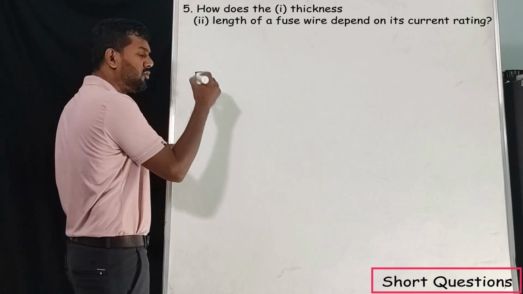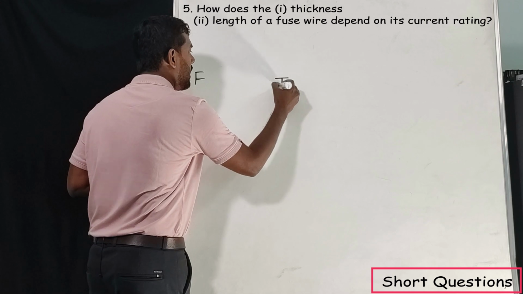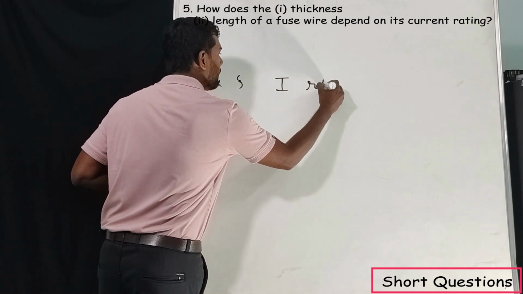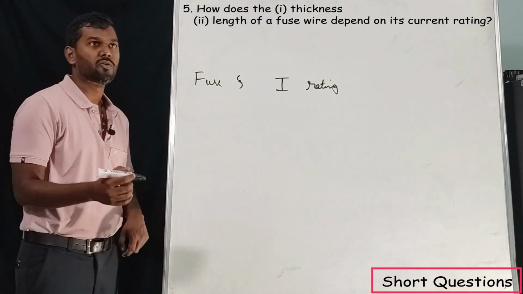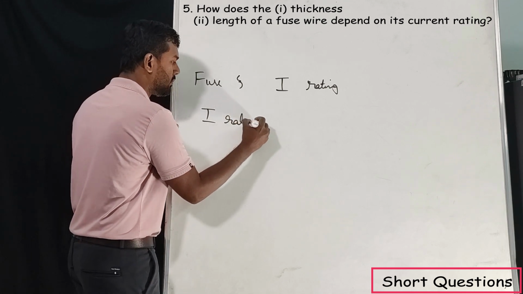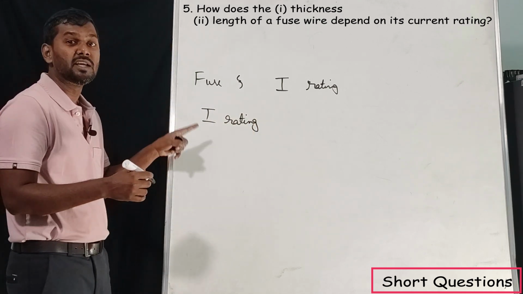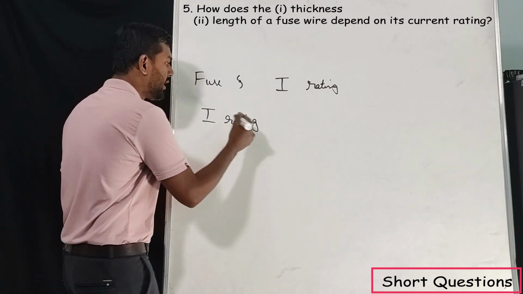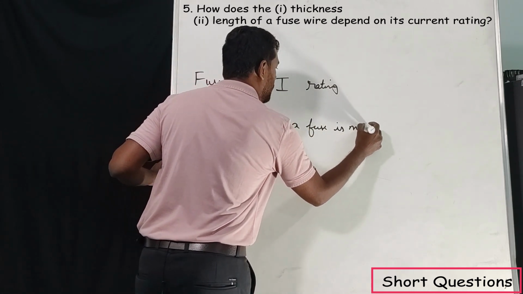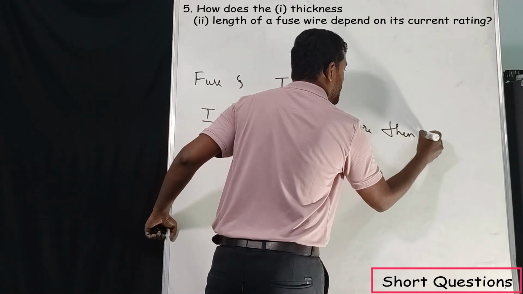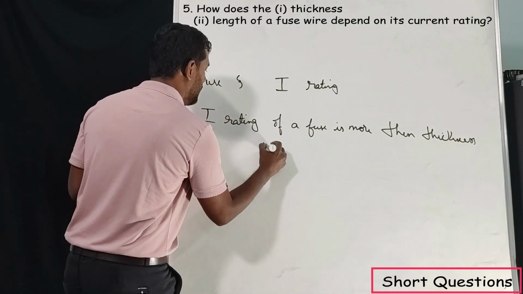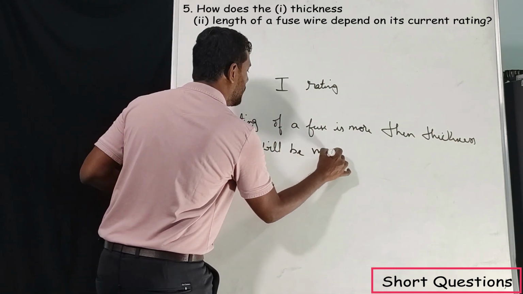See, how is the fuse related to current? See, this is fuse and current rating. Based on two factors, which is thickness. See, if the current rating of a fuse is more, then the thickness will be more.